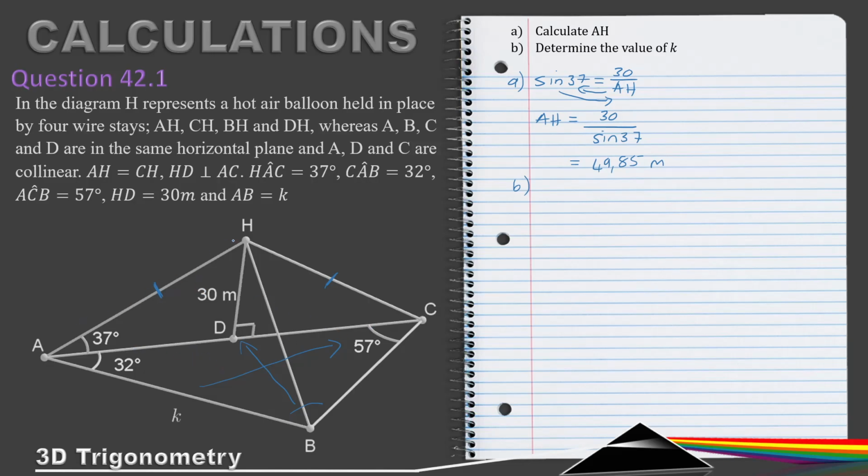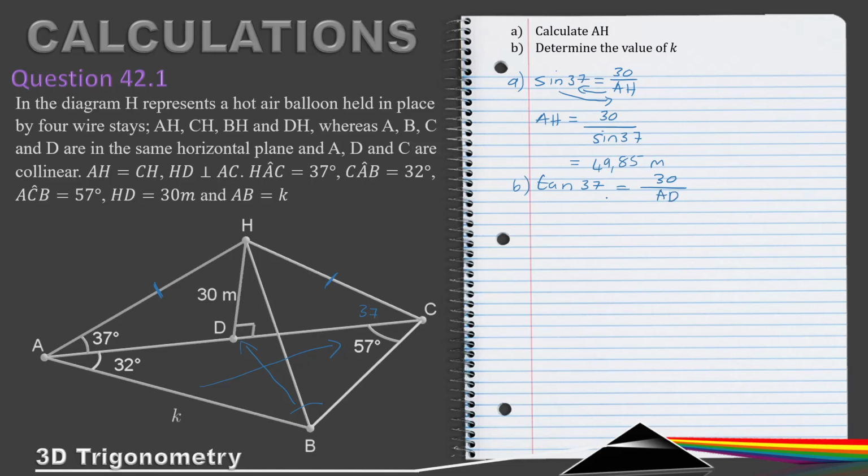So since it's given that AH is equal to HC, we then obviously know that this angle will also be 37 because it's equal angles opposite equal sides. This is a common side, and that means that this DC will be equal in length to AD. Okay, so if we can find AD, we can just basically multiply it by 2, and that will give us AC. Now to find AD, we just say opposite and adjacent, so that's tan. So tan of 37 is opposite over adjacent AD.